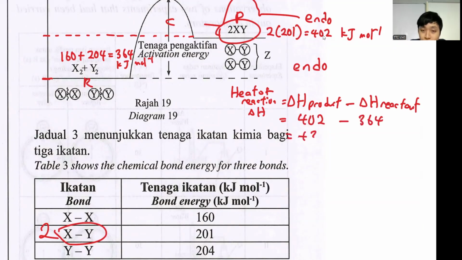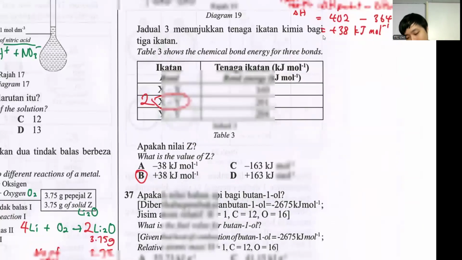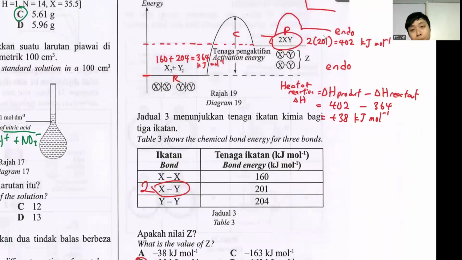Then you will get positive 38 kilojoule per mole. So in this case is B. This shows that this is endo.